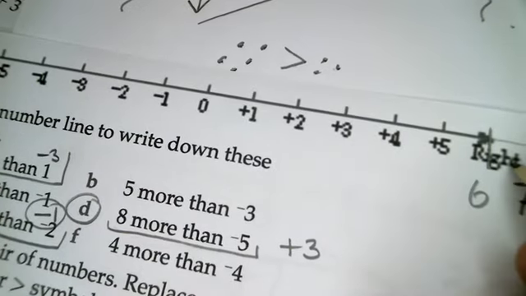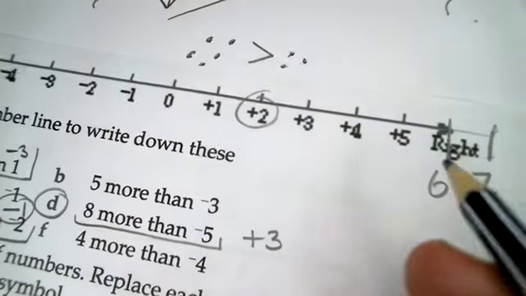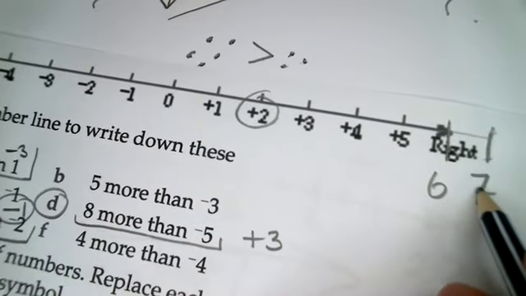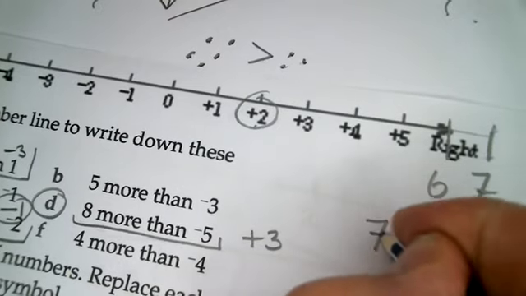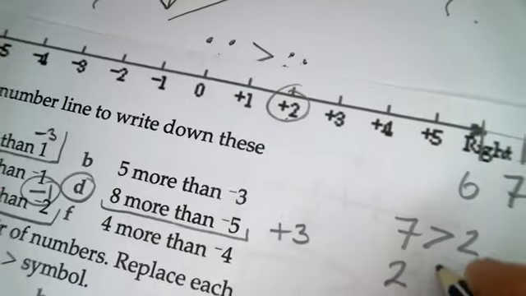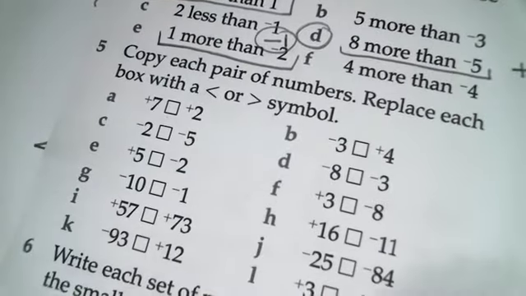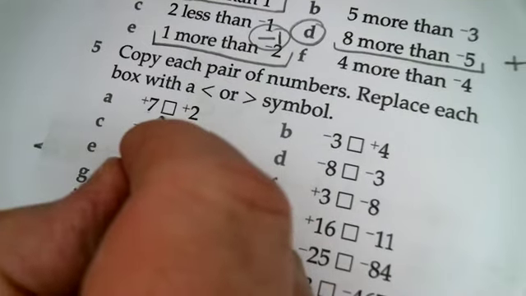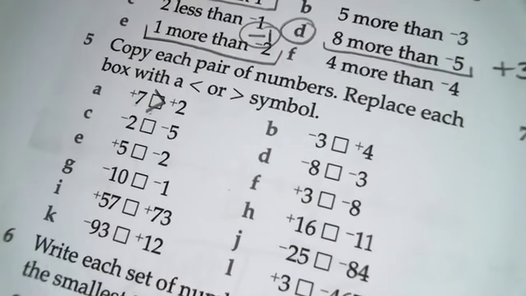Well, 7 is to the right of plus 2. So we could say 7 must be greater than 2, or you could say 2 is less than 7. But in this case, we've got the 7 written first, so we're going to say 7 is greater than 2.